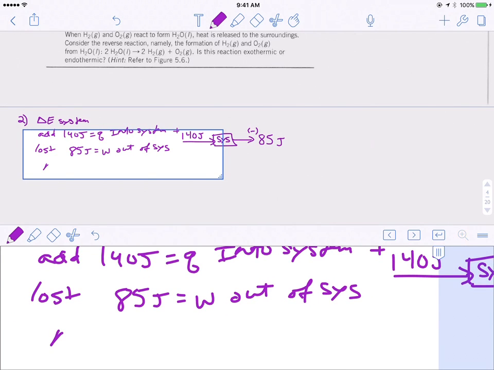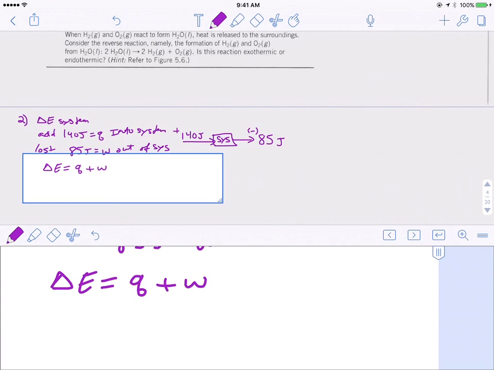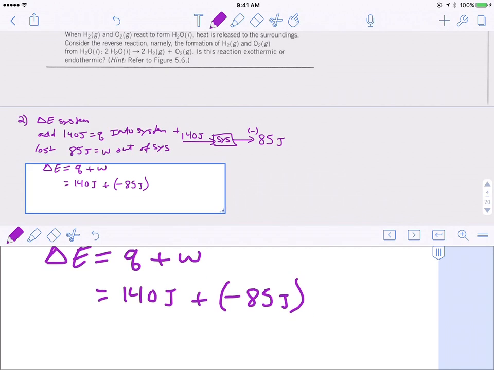So our equation, the change of internal energy is equal to Q plus W, which is equal to 140 joules plus a negative 85 joules of work that's going out of the system. Add those two together, or subtract those two. What do we get? About 55 joules of total energy is added.